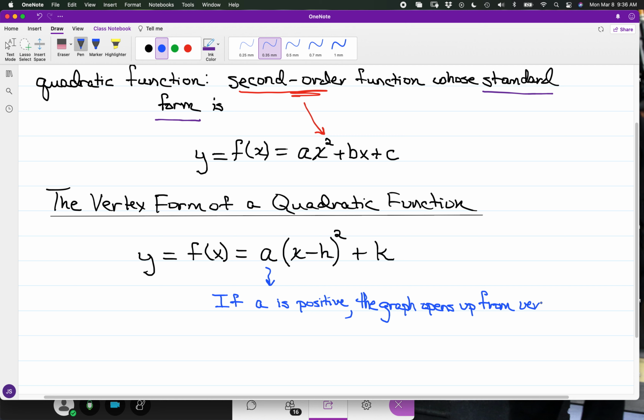And the vertex is going to be a particular point, and the coordinates will be with the letters h and k. So here, your x value is at h, your y value is going to be at k.